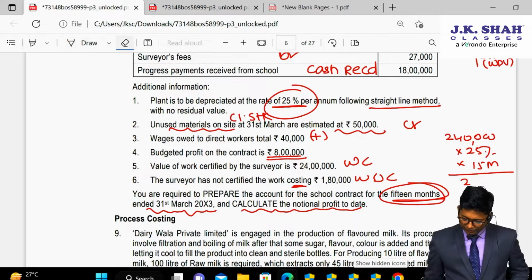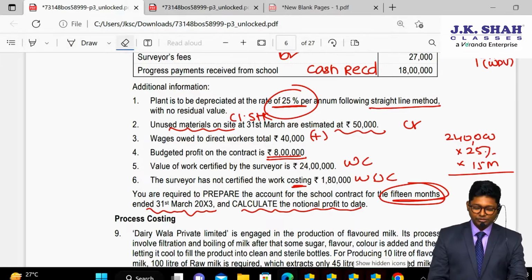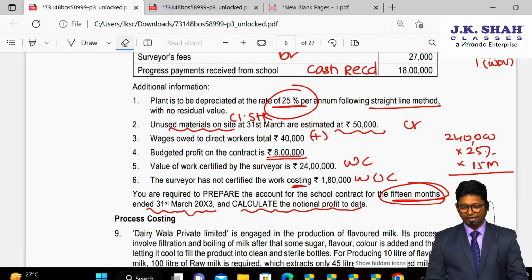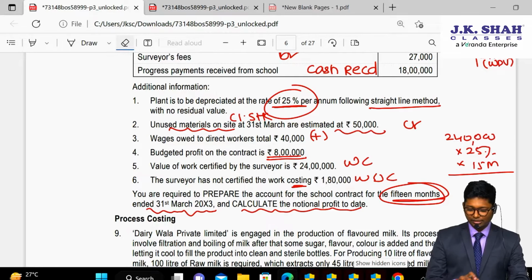First you charge depreciation for 12 months, then you charge depreciation of 3 months, then 3 monthly depreciation and yearly depreciation. When you add, you will be getting your total depreciation of 75,000 rupees. So 2,40,000 minus 75,000 is 1,65,000.